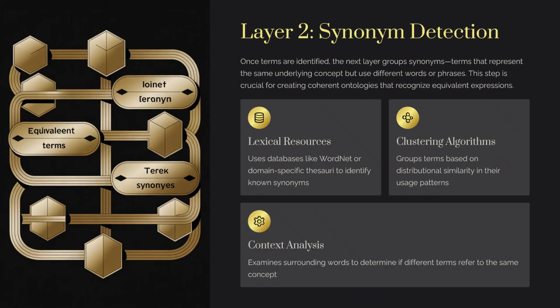To identify such similarities, several techniques can be used. One is lexical resources such as WordNet or domain-specific dictionaries. Another approach is using a clustering algorithm, which groups terms based on similarity in how they are used within text. And the third method is context analysis, which examines the surrounding words in a sentence to determine whether the different terms refer to the same concept.